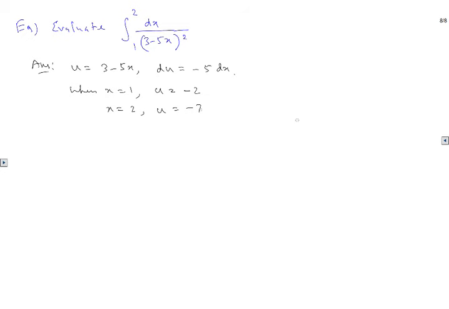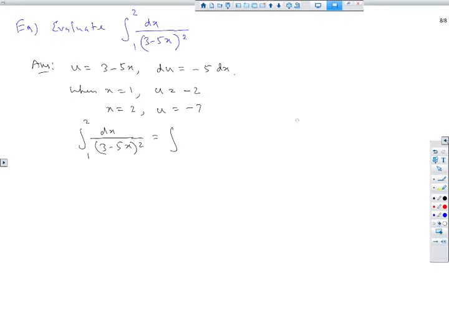So let's go back to the problem: the integral from 1 to 2 of dx over (3 minus 5x) squared. So this can change now to... what do you get? I need a little bit more space here.